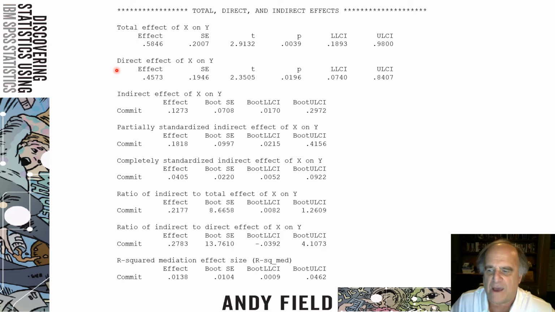It's that effect of x directly on y once you control for the mediator. In this case, it was 0.4573, and then we have this accompanying information. You can see it is significant as well, so both the total effect and the direct effect are significant.